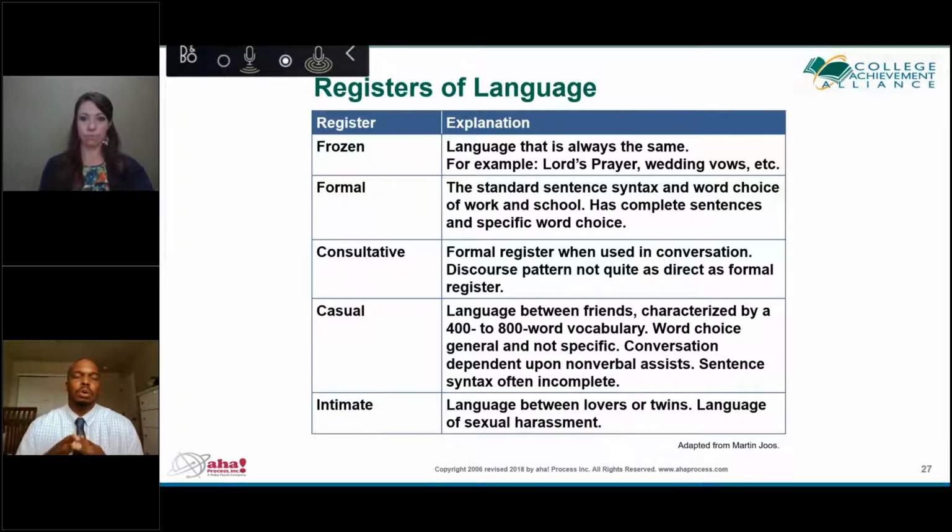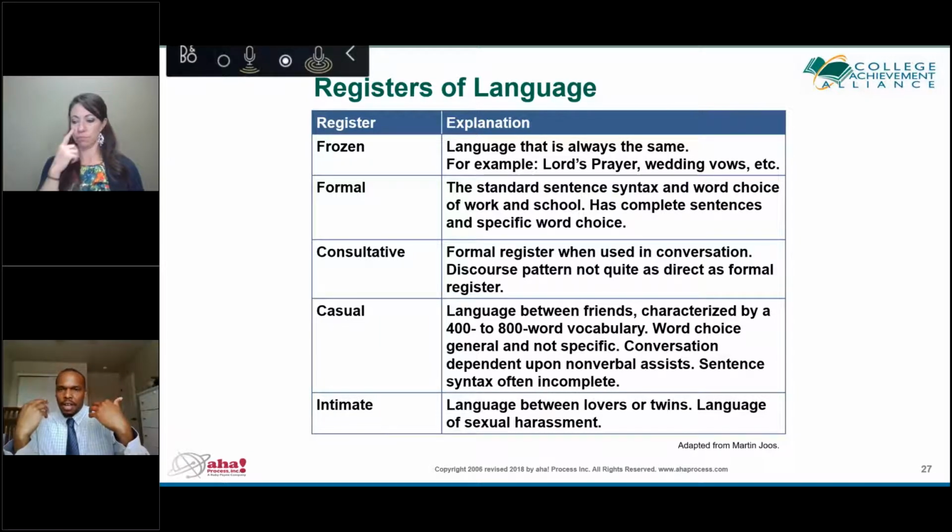And then when we think about consultative language, that is formal register when it's used in conversation, but consultative language is also taking that language and mirroring it back so that you have a reflective conversation. So my job is to really listen, make sure I'm hearing what I heard, and then reflect back, well, is this what you really want to say? Because this is the way it's impacted.